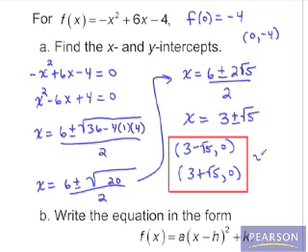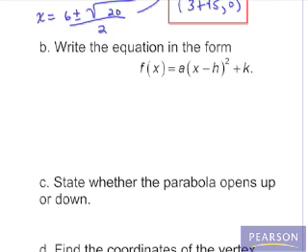So here are our two x-intercepts, and here is our y-intercept. Again, I'll draw a box around that so we can find it later when we have to graph the function.